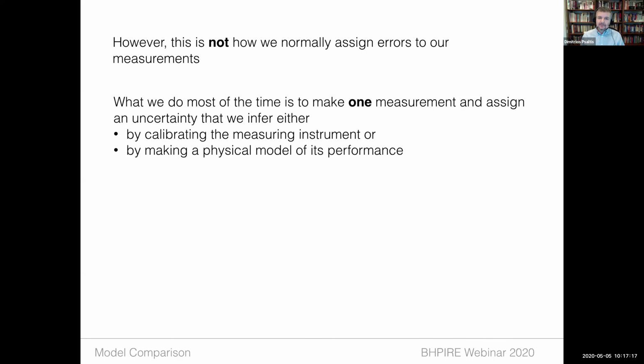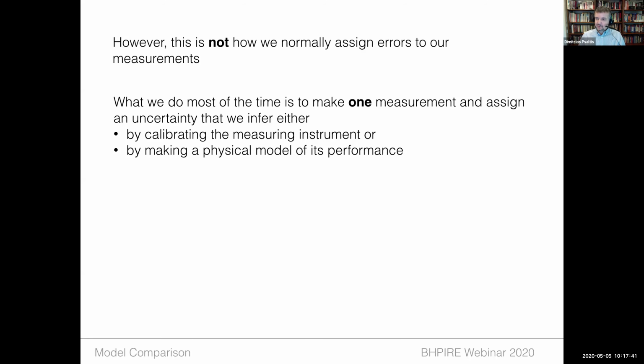What we do is we make a single measurement. April 5th, 2017, we turned the telescopes at 5:13 p.m. Eastern time, and we took one snapshot, one set of measurements for that particular orientation of the telescope. And then we assign an uncertainty to that measurement based either on calibration.